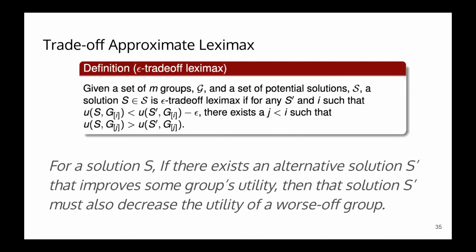So more formally, for solution S, if there is an alternative solution S prime that improves some group's utility, then that alternate solution must also decrease the utility of a worse off group. And intuitively, what we're saying is, if we can't trivially increase the utility of some groups without decreasing that of other worse off groups, then we've already arrived at solution S, which is a good trade-off approximation.